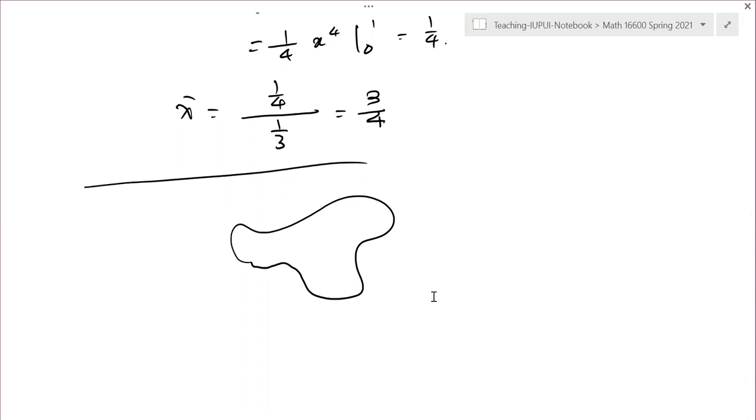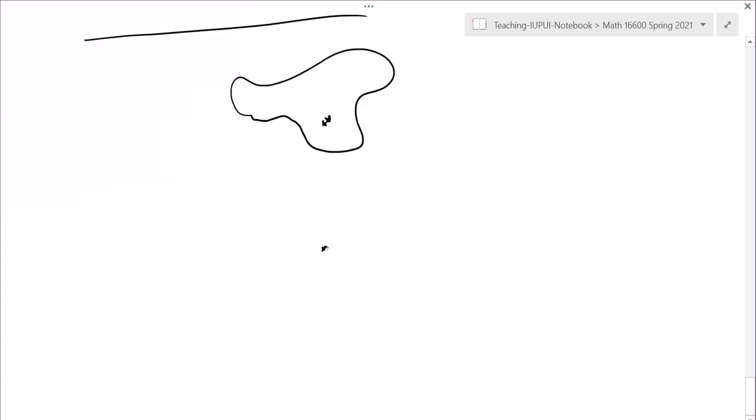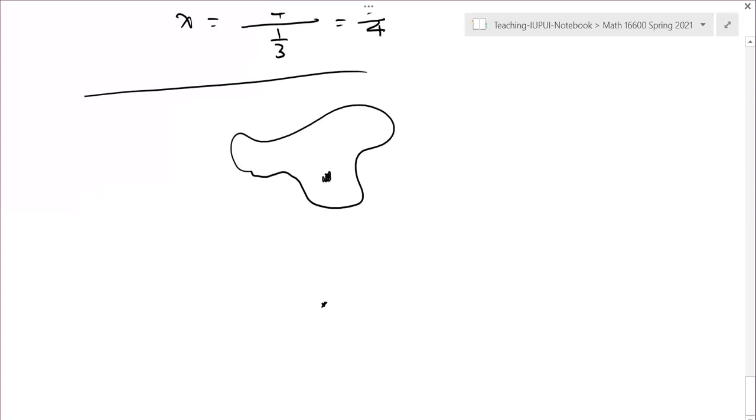Anyway, the question is, how do we find the center of this region? It's somewhere here, but how do you calculate it? How do we find the center?